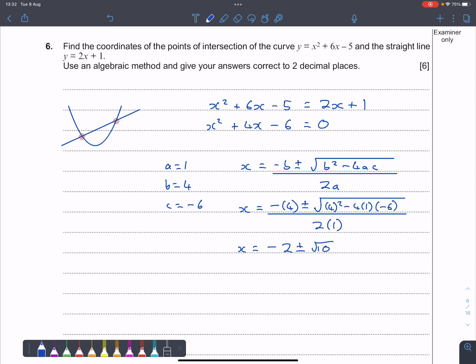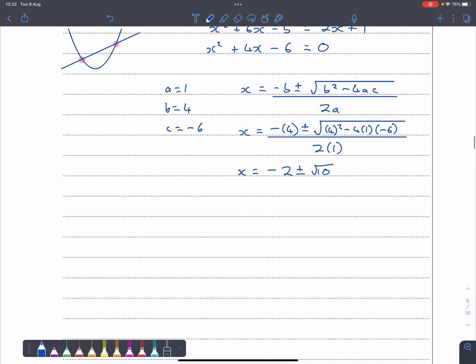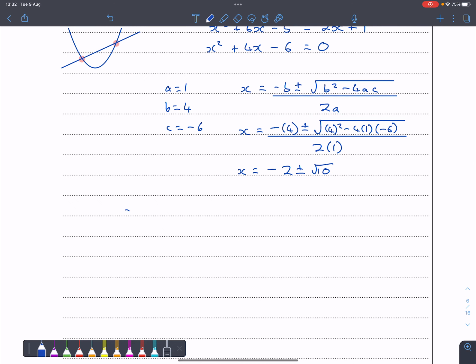So 2 possible values. It does ask for 2 decimal places, but I'm going to keep it accurate for the time being. So x equals negative 2 plus root 10, or x equals negative 2 minus root 10.